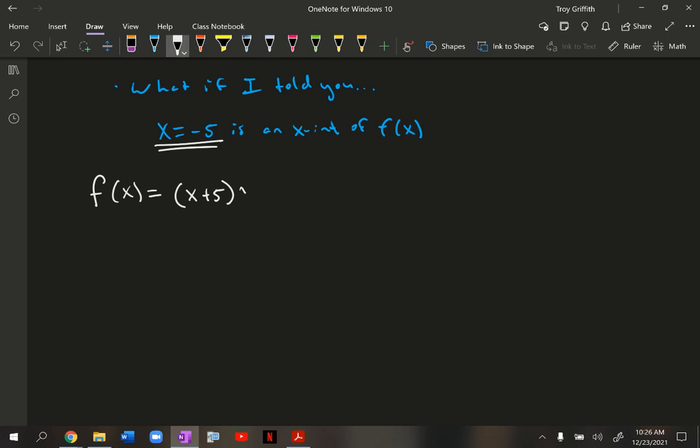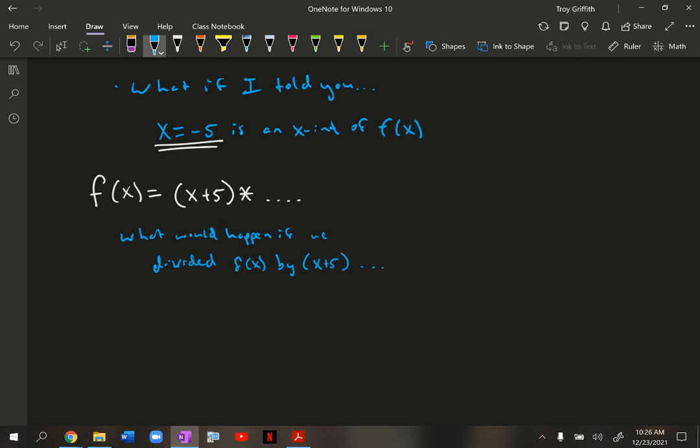So if I know that part of the factored form of this function has to have an x plus 5, what we can then ask next is, what would happen if we divided f of x by x plus 5?